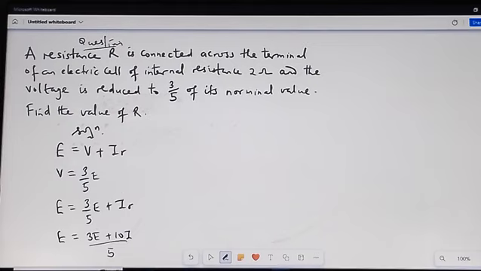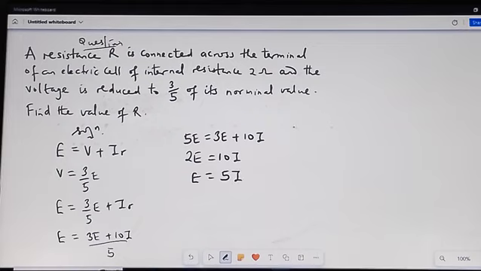You arrive here. So eventually when you cross multiply, you have that 5E is equal to 3E plus 10I. If you bring the like terms together, you have 2E is equal to 10I. So in that case, your E is what? 5I.